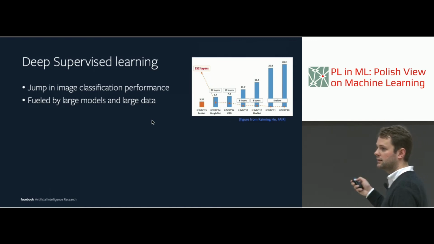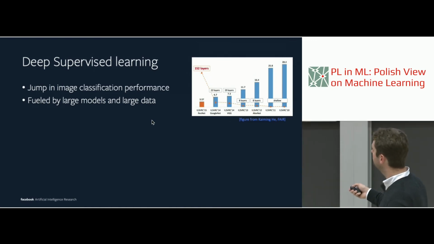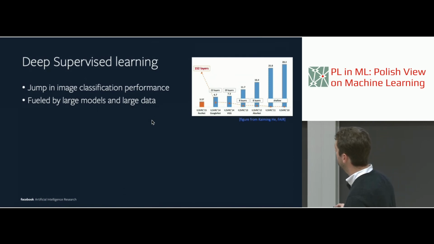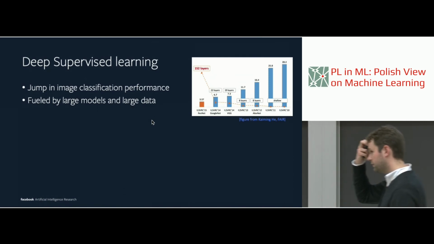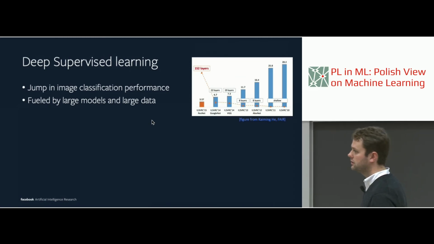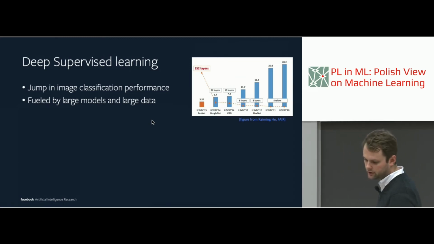Since we had ImageNet, classification accuracy kept getting better and better, and we are starting to plateau now because it turns out that this huge ImageNet dataset is actually pretty small for some of the architectures.